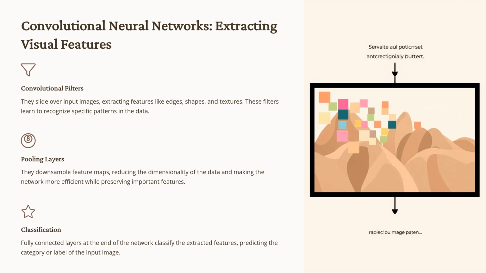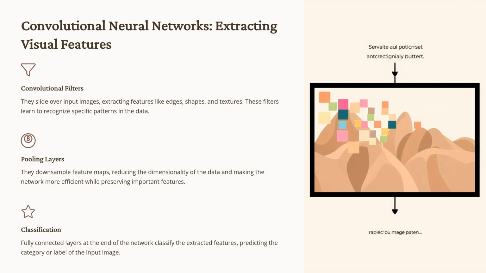Then we have the convolutional neural network. It basically uses convolutional filters, pooling layers, and classification. The filters slide over the input images and extract features like edges, shapes, and textures. These help in recognizing various patterns underlying in the data.